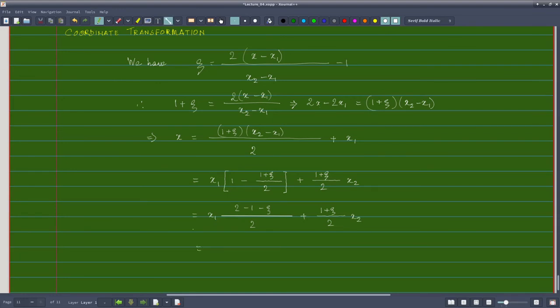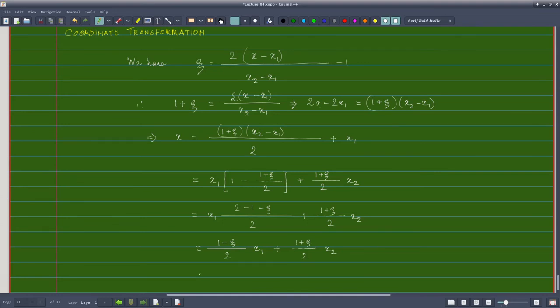This I can write as 1 minus xi by 2 into x1 plus 1 plus xi by 2 into x2. And what is 1 minus xi by 2?